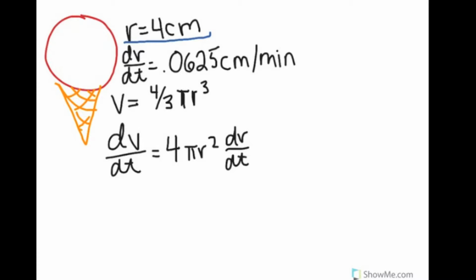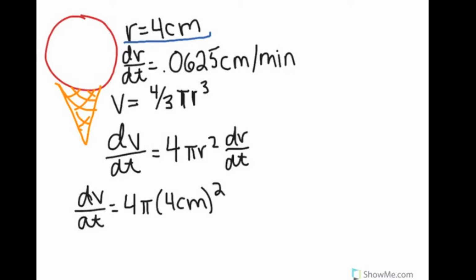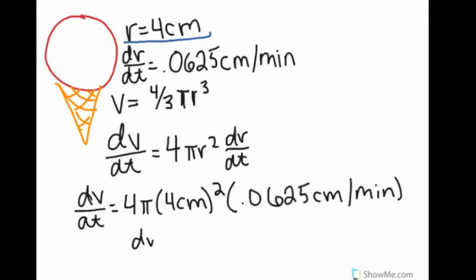The new equation reads dV/dt equals 4 pi times 4 centimeters squared times 0.0625 centimeters per minute. After calculations, you are now left with a dV/dt of 12.56 centimeters cubed per minute, which is quadruple the dV/dt of the ice cream with a radius of 2 centimeters.